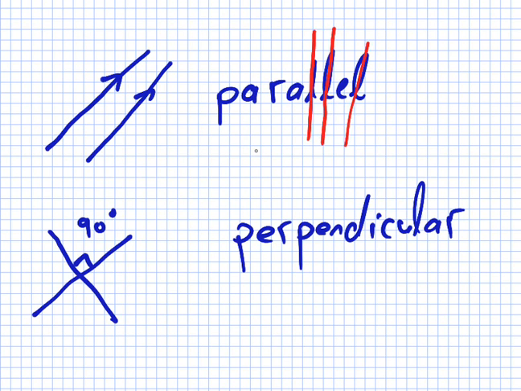Okay, so we know parallel and perpendicular, but if I have them as lines, so like for example, let me go down. Let's say I have my first line. Okay.